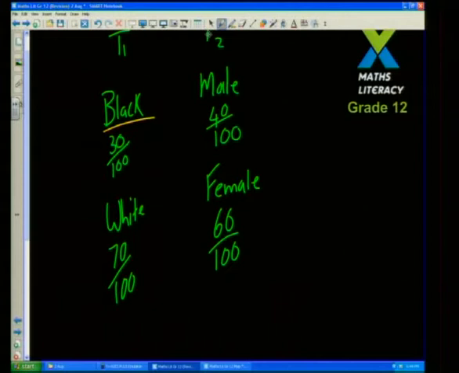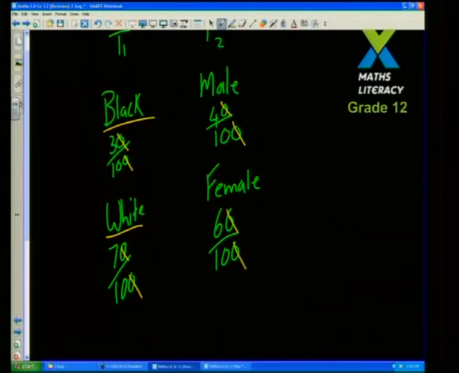I've put that as a fraction, 30 out of 100, which I could cancel down to 3 out of 10. In the same way, the white sheep, 7 out of 10. Second criteria is that we've got 40% male, so that's 4 out of 10, and female is 6 out of 10.